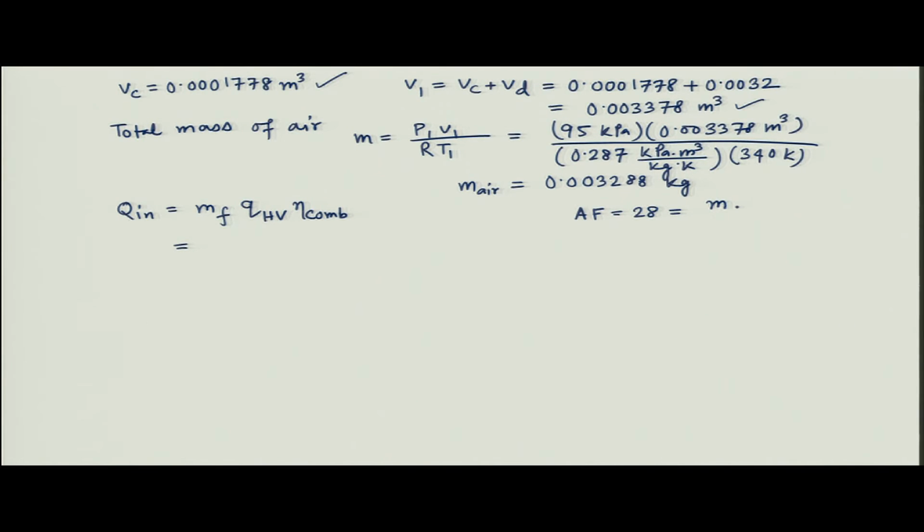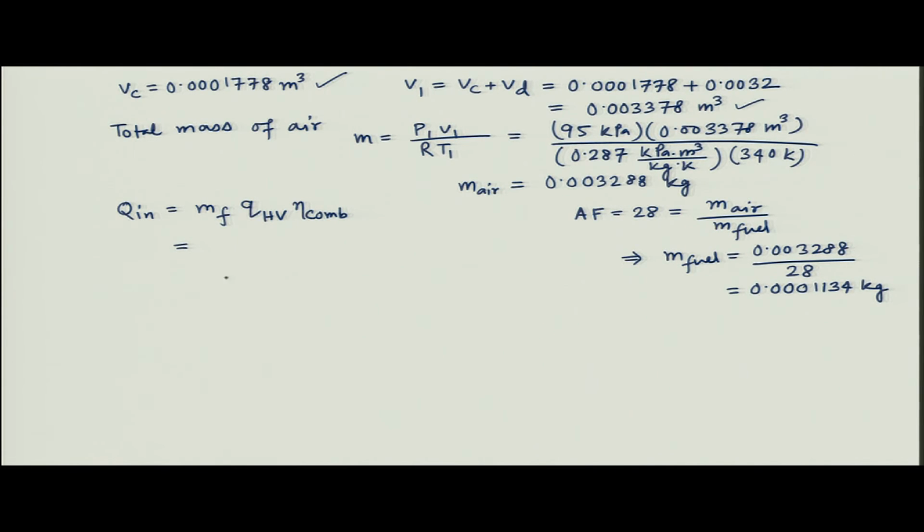This is the amount of air divided by amount of fuel, right. So, from this we can find the amount of fuel burnt. That should be 0.003288 divided by air fuel ratio, that is 28. If you solve it, you will get 0.0001134 kg. So, that much fuel is burnt.